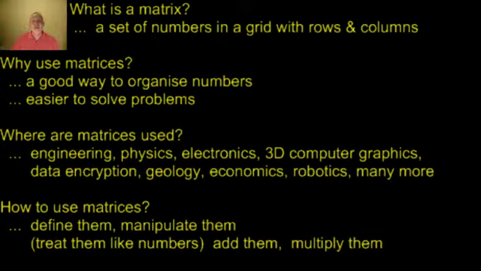And so some of the algebra that we use with normal numbers can be associated with matrices. That's getting into the area of linear algebra, but that's not what we're going to do in these videos. But just be aware that there's a lot behind matrices rather than just explaining it to be a simple set of numbers in a grid with rows and columns.